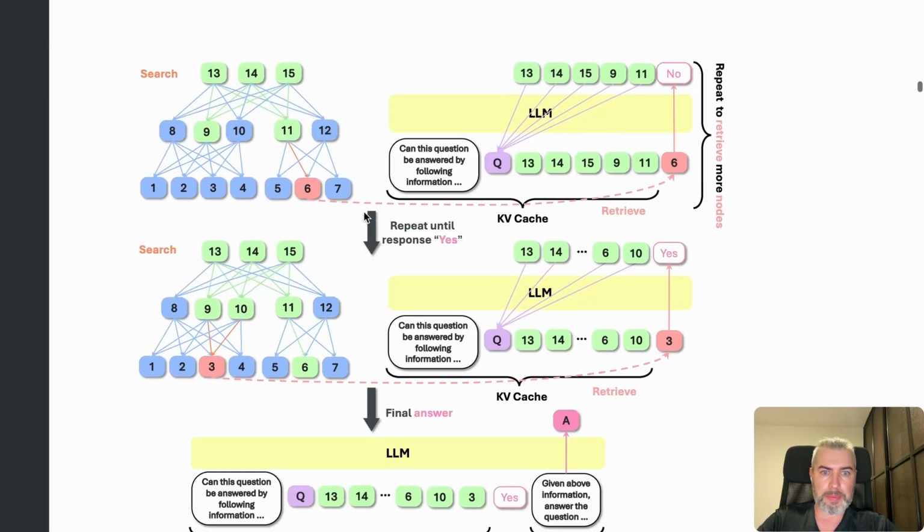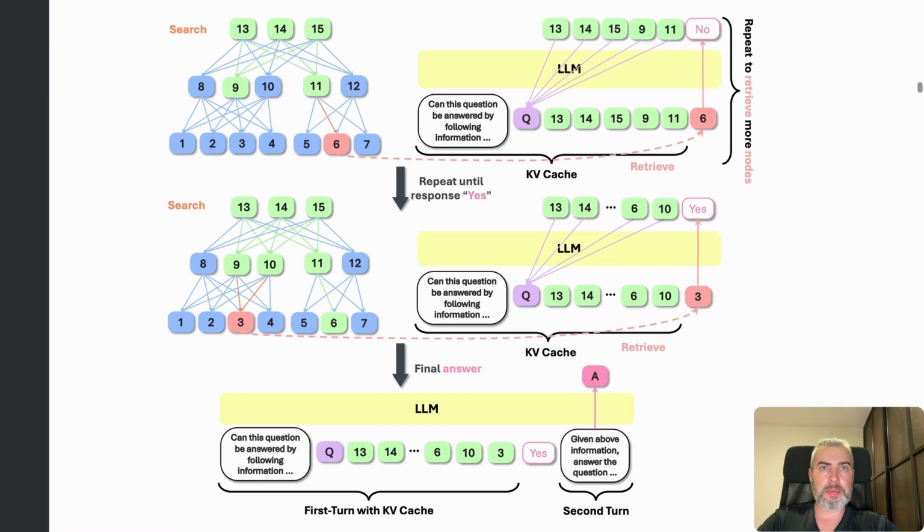Here it is. The system checks if the information it has is enough to answer the question. If not, it grabs more information and keeps asking the same question. It looks at how much attention each point of information is given to the question.